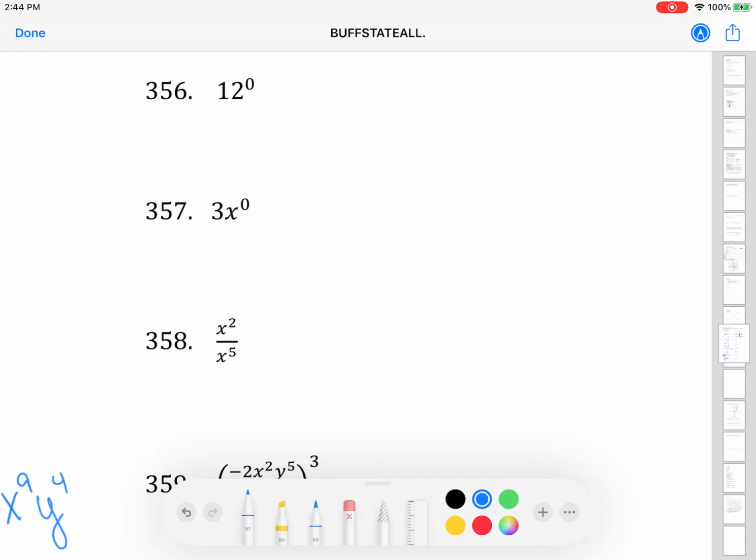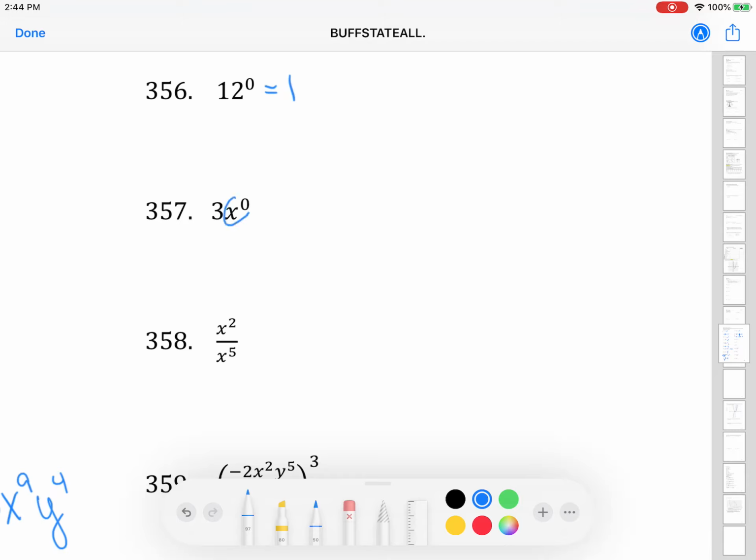All right, moving right along, some zero exponent rules. So for 356, 12 to the 0 power, try to think of what it is. I'll give you a second. Anything to the 0 power is 1. Done. However, for 357, I know the rule is everything raised to the 0 power is 1, but look at what's being raised to the 0 power in 357.